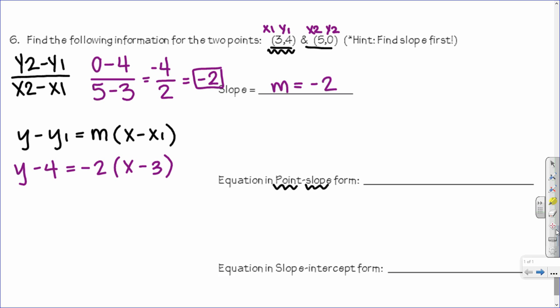So this is my equation in point-slope form. I used the point 3, 4, and I knew that my slope was negative 2. So I'm just going to rewrite my point-slope form over here on the line. Y minus 4 equals negative 2 times x minus 3.